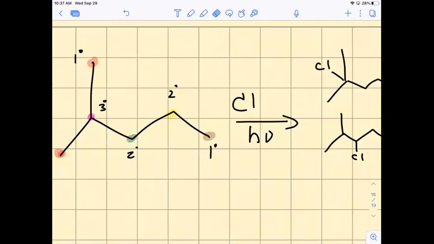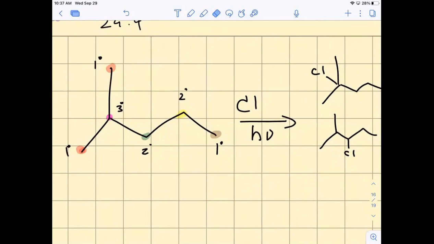All right. So when we went through and identified all the different carbons, remember all of those carbons have hydrogens on them. And if this is a radical substitution, anywhere that there's a hydrogen that can come off or be abstracted, you're going to end up with a chlorine there when you get to your termination step. Okay, got it. So anywhere that there's an abstractable hydrogen, you're going to put a chlorine there when it's terminated, because in propagation, every site that can be abstracted is going to get abstracted.